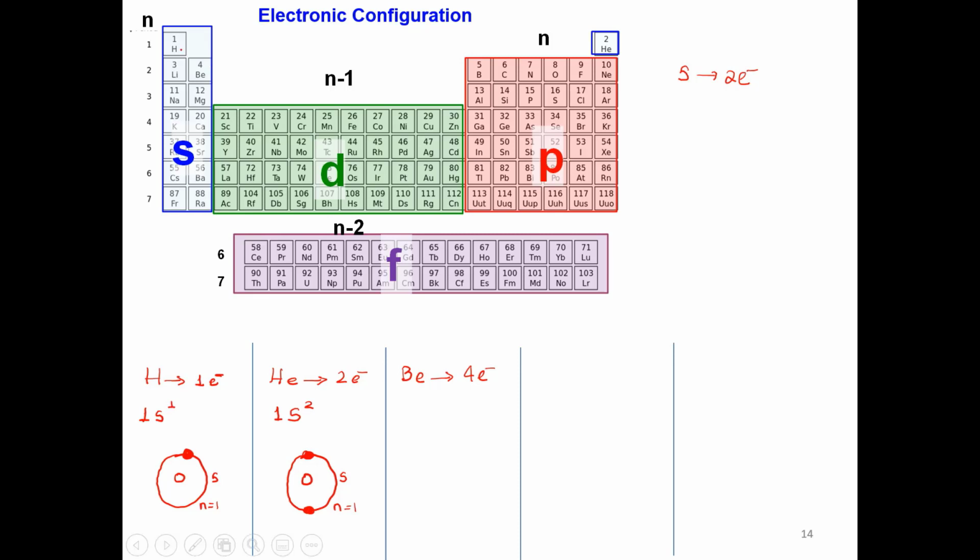This is why we always start from the innermost orbital. We start from here, and then move from here, then here. If beryllium is here, it's because this orbital is completed, it's full. Then we need to start always from here.